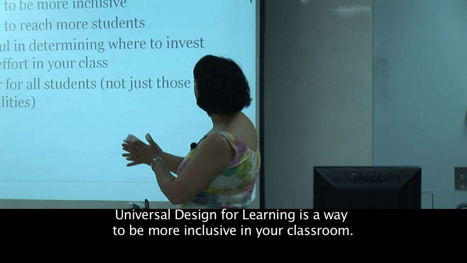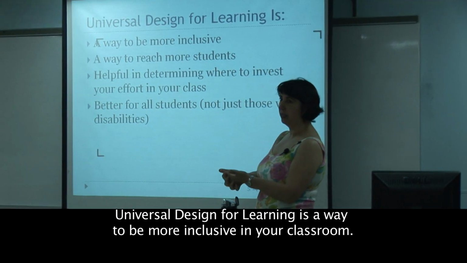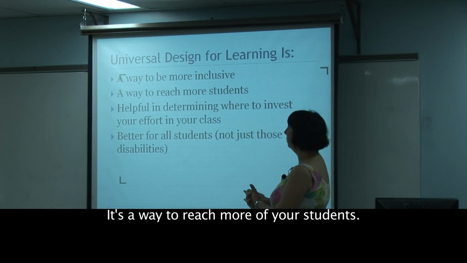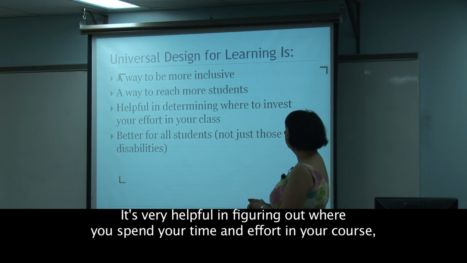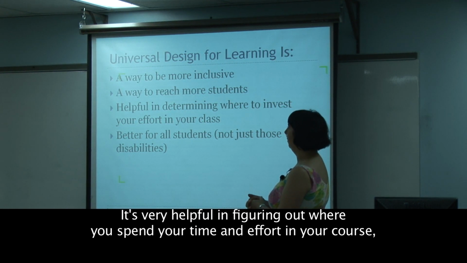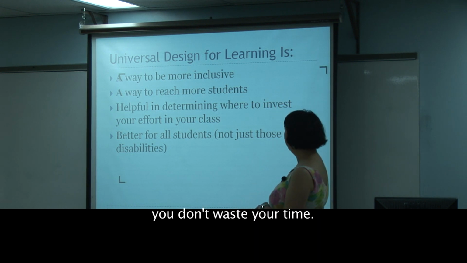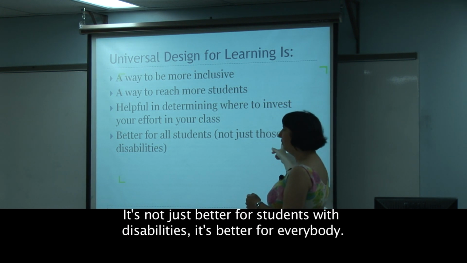Universal Design for Learning is a way to be more inclusive in your classroom. Everyone's on equal footing. It's a way to reach more of your students. It's very helpful in figuring out where you spend your time and effort in your course so you don't waste your time. And it's not just better for students with disabilities, it's better for everybody.